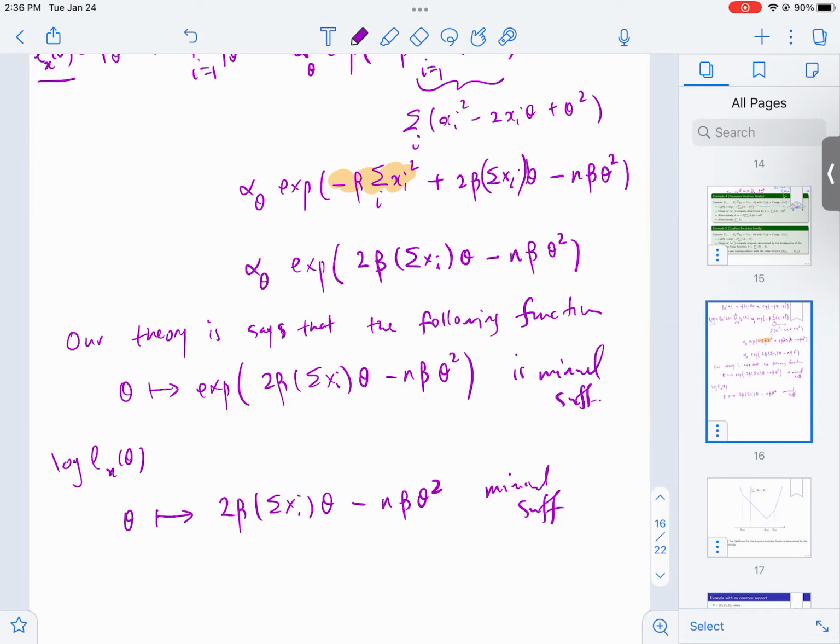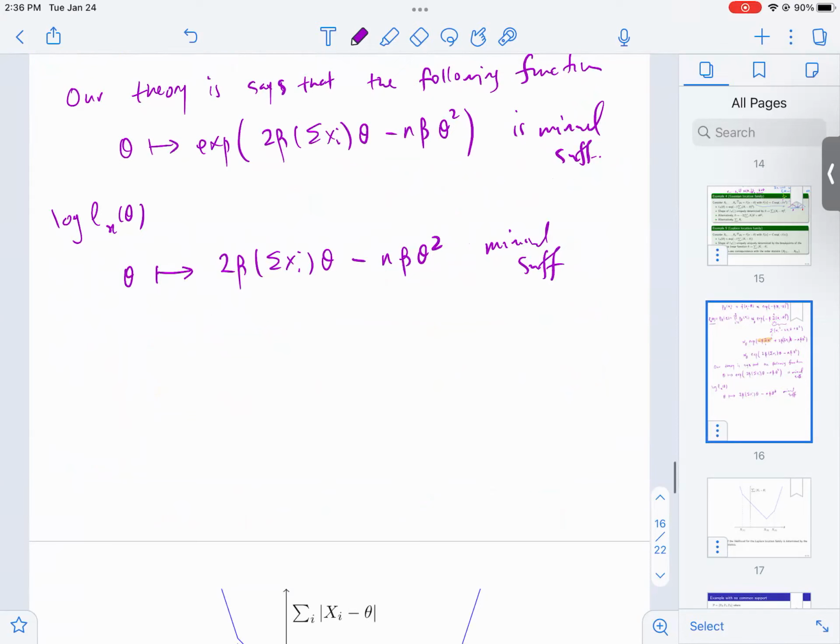There is no loss of information. I can, for example, multiply it by a negative sign. Like x maps to negative x is also one-to-one. So this would be minimal sufficient as well. These are all okay.